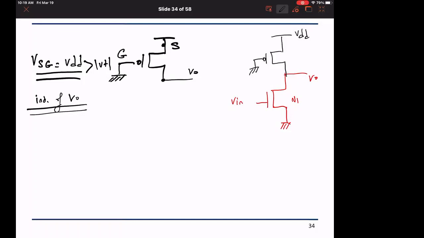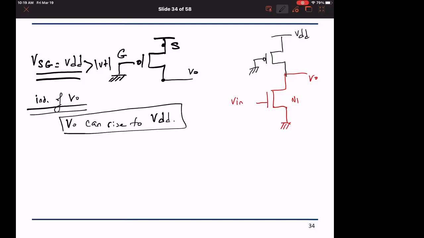VO can rise all the way to VDD, without the device switching off. So a PMOS is a good pull-up. And this is why in the CMOS we put the PMOS up. Now this means that I can build even other types of logic with it.